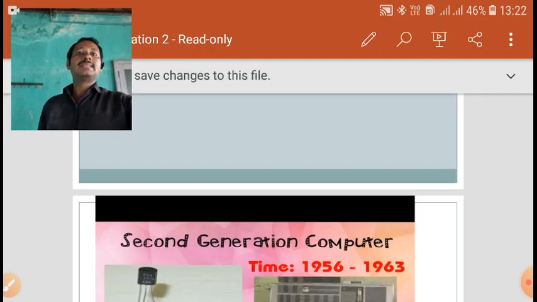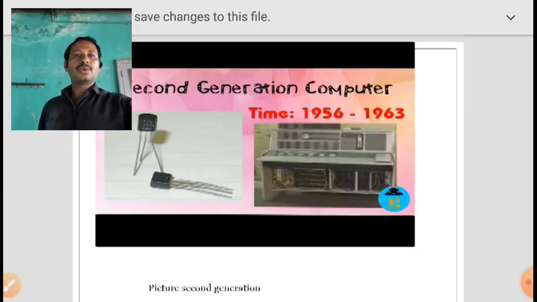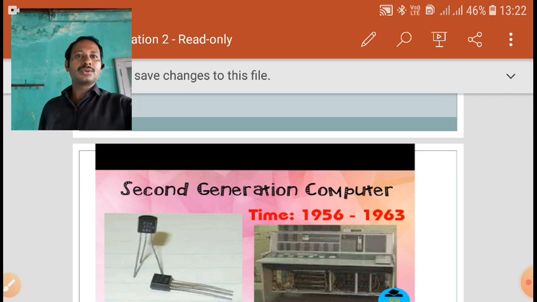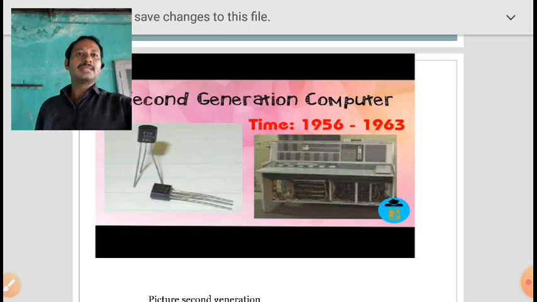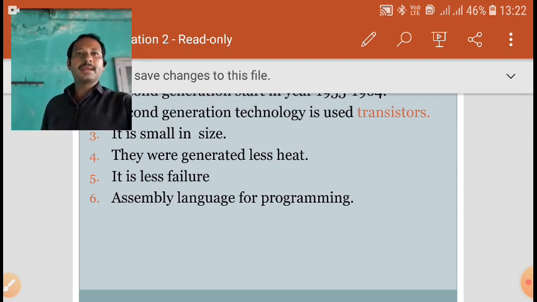And the second generation computer can also be moved from one place to another. See, the second generation has transistors, on the left side, and is small in size compared to the first generation computer, and it is based on multi-programming.